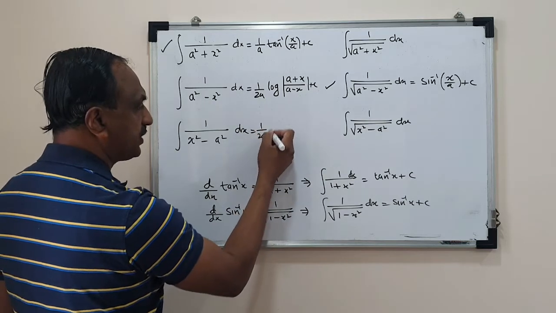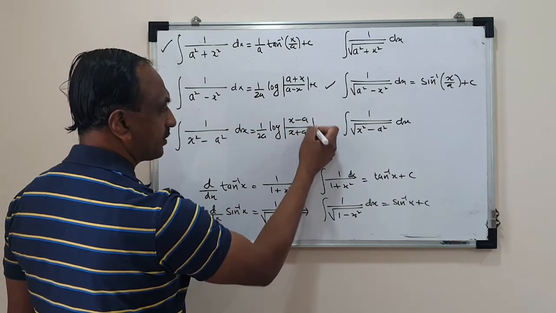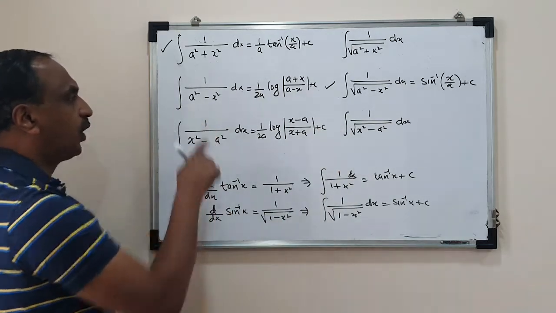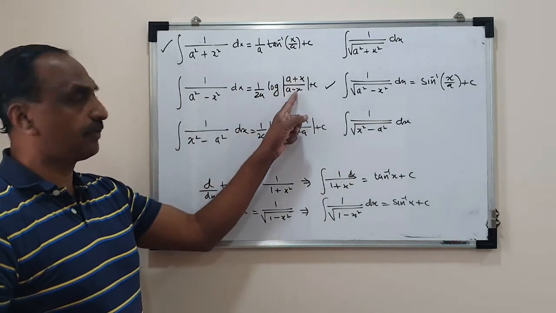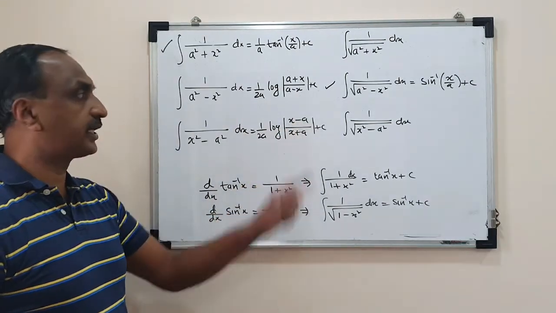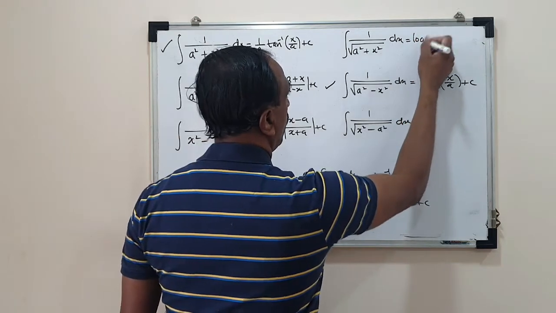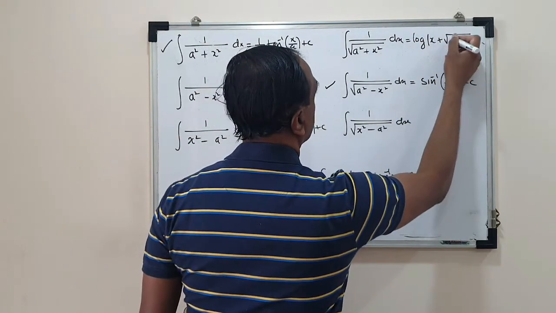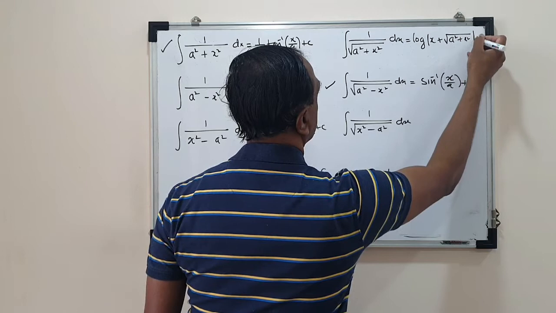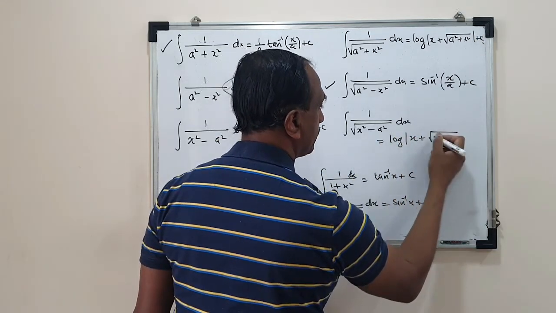When x is first, x minus a in numerator and x plus a in the denominator. Here the answer is log of x plus denominator. This also is log of x plus denominator.